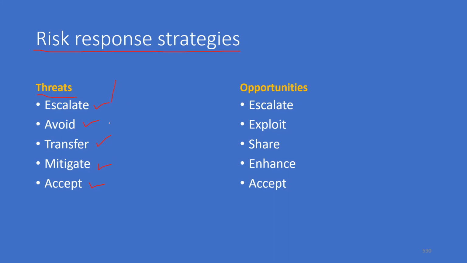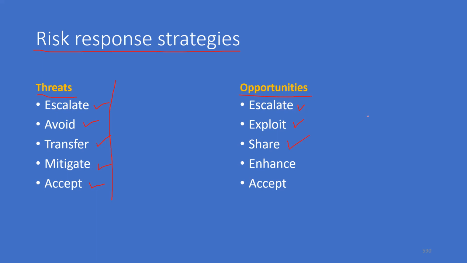So these are the common strategies for addressing the negative risks or the threats. And here we have the strategies for addressing the opportunities or the positive risk. Again, escalation. Instead of avoiding it, you try to exploit it. Maybe you share.